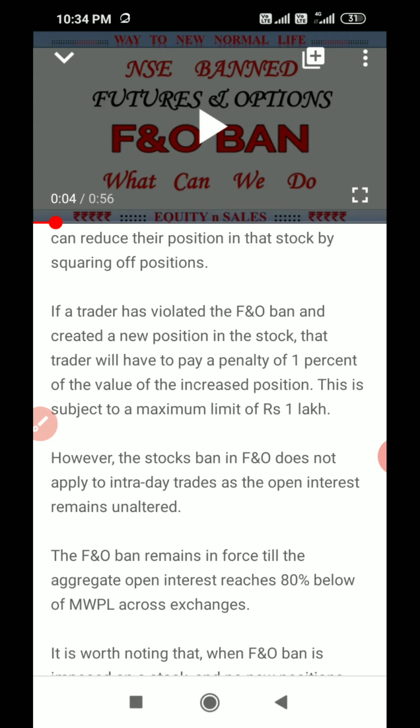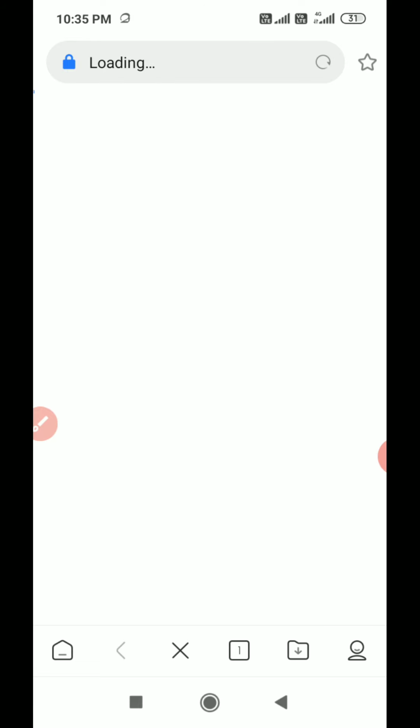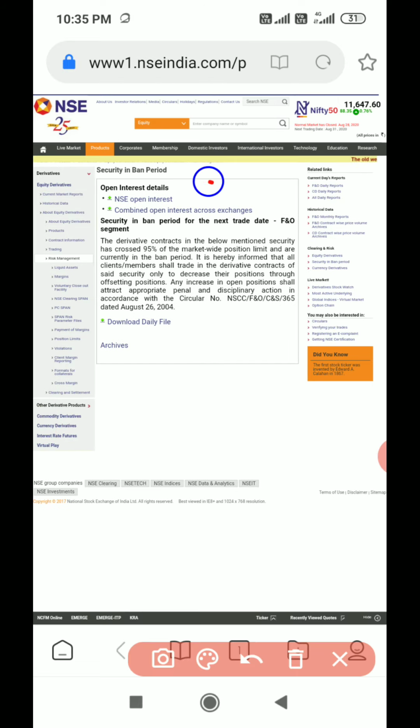If you would like to know which stocks are going to be banned, we can easily check all this data on the NSE website itself. Here I am providing the link to the NSE website. If you click on this link, it will take you to the NSE website. There we can easily download the list of all stocks. This list will give you an idea of the current open interest for each and every stock, and whether it is crossing the limit.